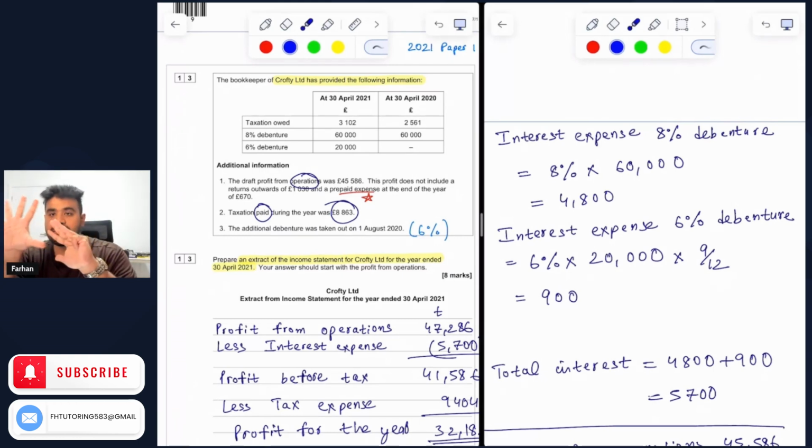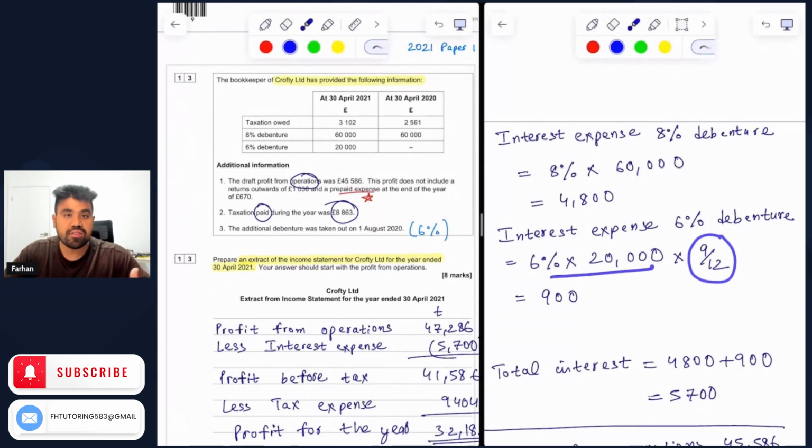So that's 9 months in total. So that is why we are apportioning this further by multiplying it with 9 over 12, which adjusts for the fact that out of the 12 months in a year, we have used this debenture for 9 months only, and that is how the interest expense is adjusted.